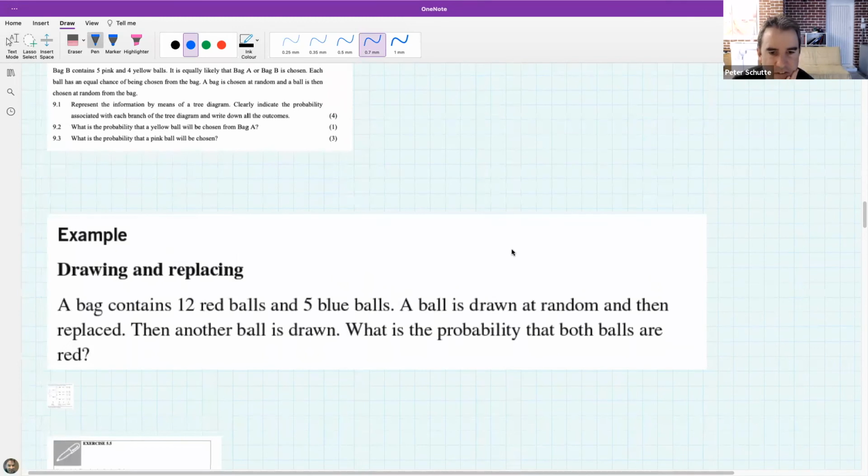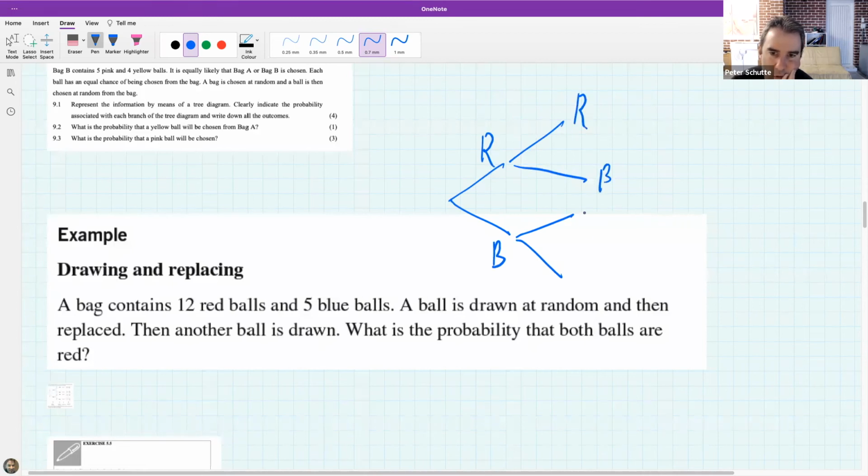So I'm guessing 17 is going to be an important number, right? So if you think about it, this is actually relatively a bit easier than the last one because you have red and blue, red, blue, blue. And the only branch I'm really interested in is going to be the red branch.